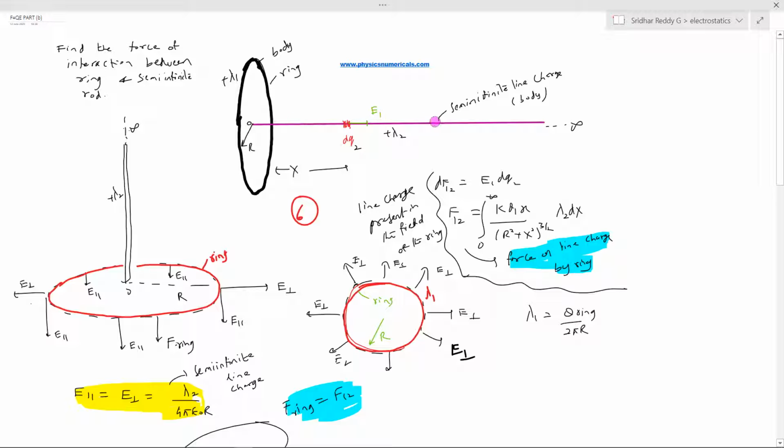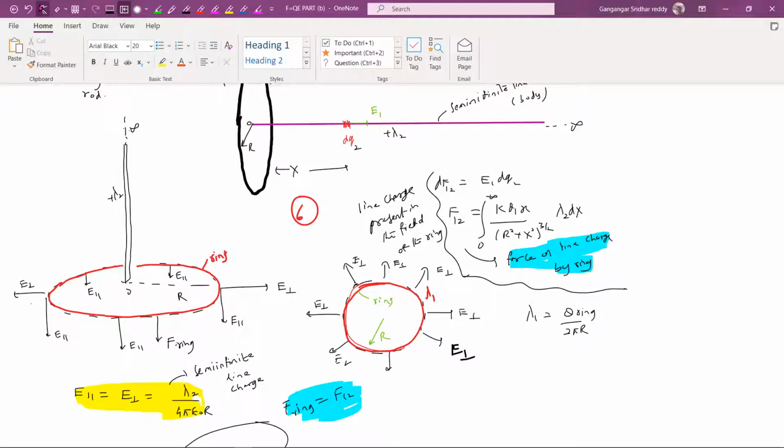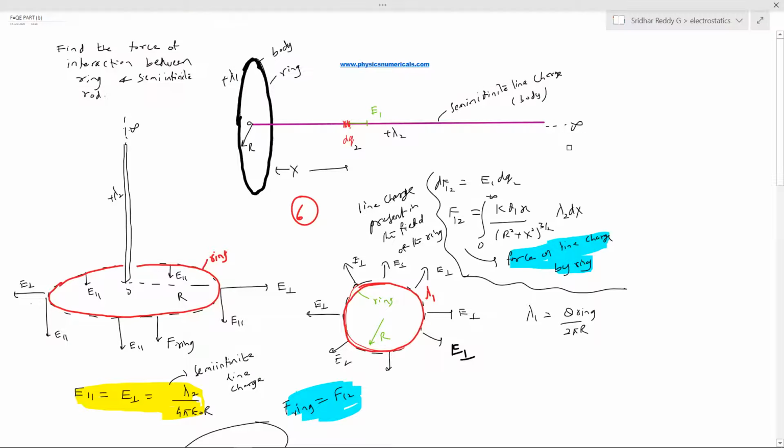You can see this. This particular point is in fact an axis. So the rod is lying along the axis of the ring.